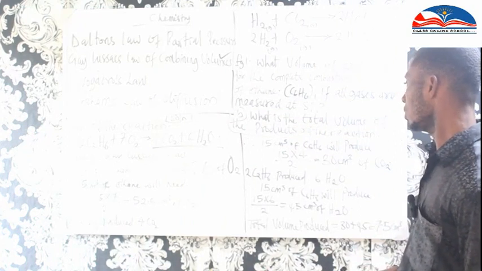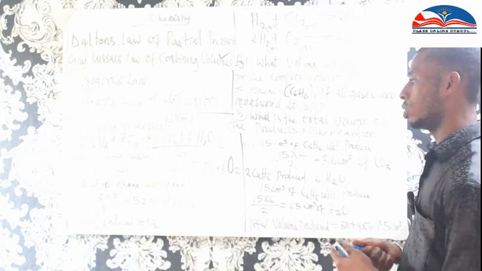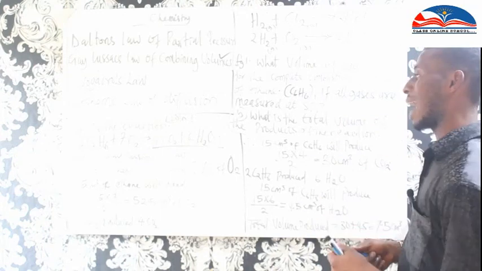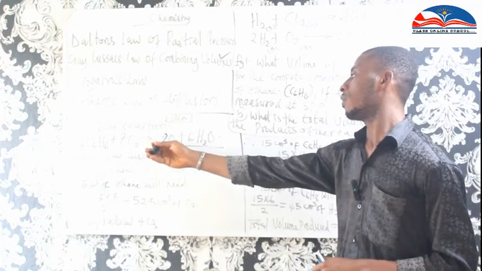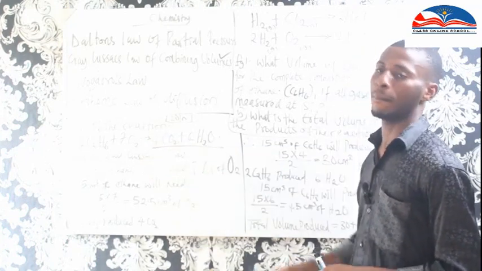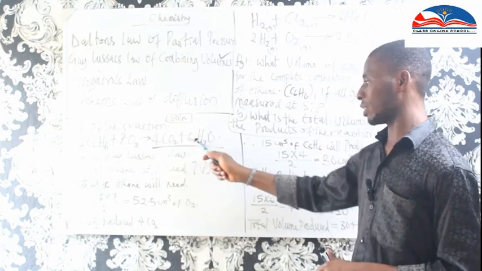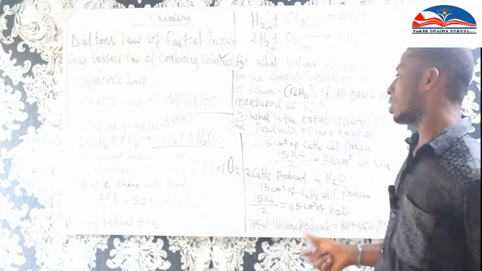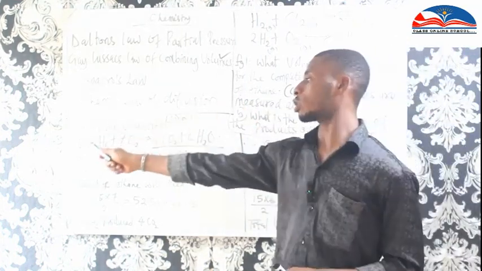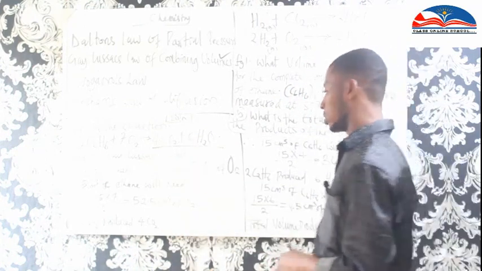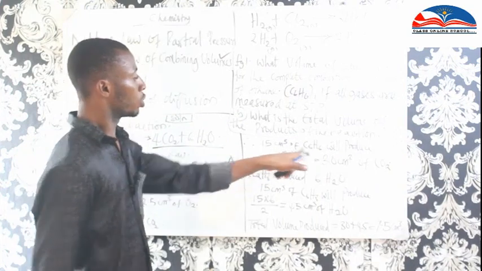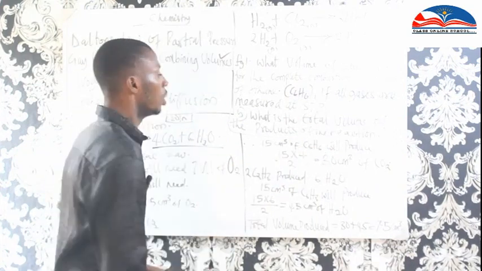Now from that question we have the product part. Now the product part comprises carbon dioxide and water. We have 4 moles and we have 6 moles. Now they told us that 2 moles of ethane produce 4 moles of this. Therefore 15 moles of ethane will produce what?